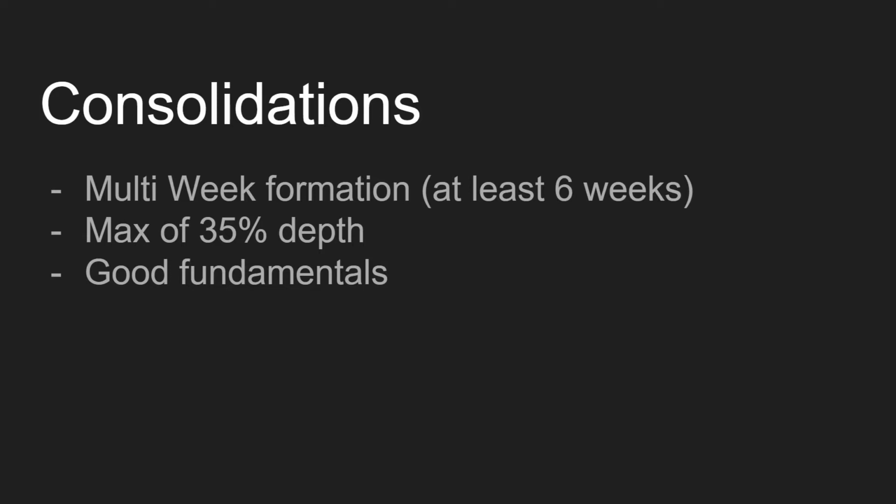Now I will start by talking about how I come up with the good fundamentals, and then we're going to look at some charts with weekly formations, depth, and some ways to enter, because although you have this consolidation, you don't know when it is going to end. You don't know when to enter in order to actually initiate a trading position, because for all we know, these consolidations can last anywhere from 4 or 5 weeks up to years.